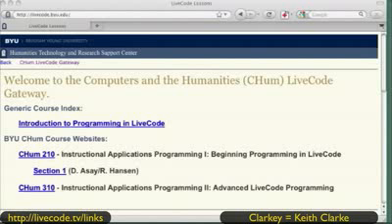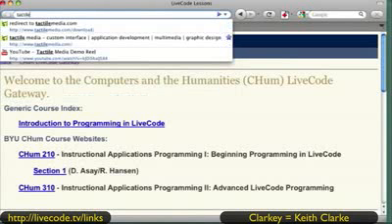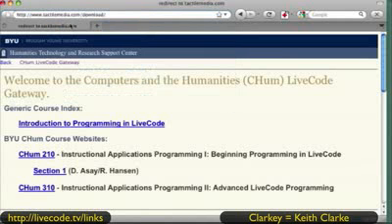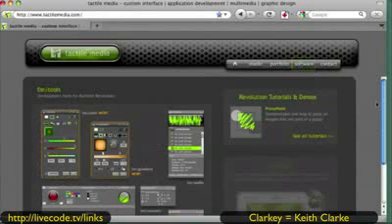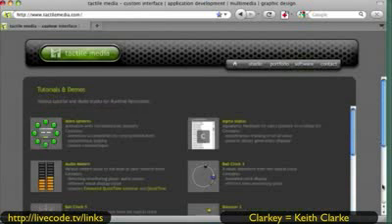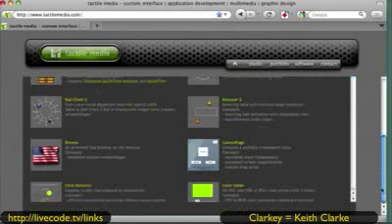But then there are some out there like Tactile Media. I'm going to put that one up there, tactilemedia.com. This is a site that is on the list, but there are a lot of examples here of high quality. So yes, it does make a difference when there's quality.